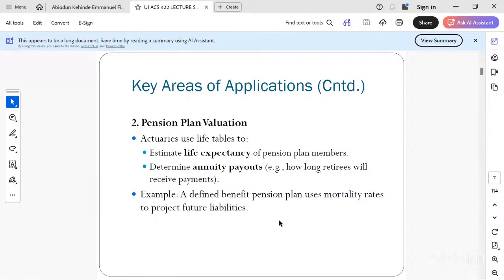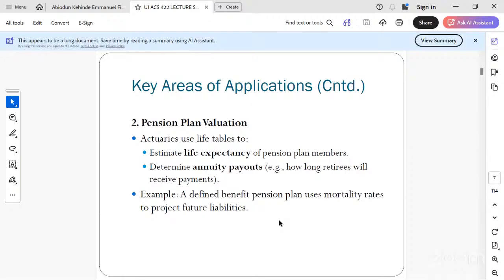So in the area of pension plan valuation, it is very, very useful. So apart from the pricing and reserving that we've identified earlier as number one key area of application, the second key area of application is in the pension valuation.